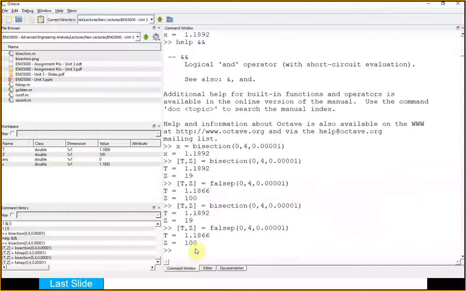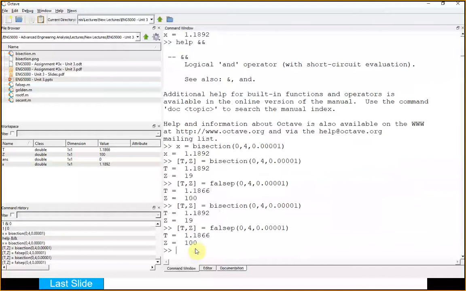It's about 100 iterations. Alright, I set it to 100, so what happened? It came out of the solution routine before reaching the solution. Now, understand what I say?